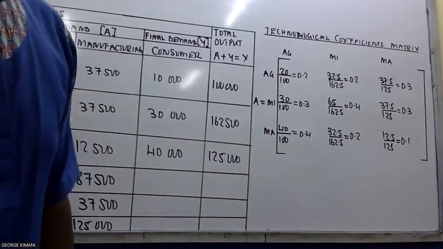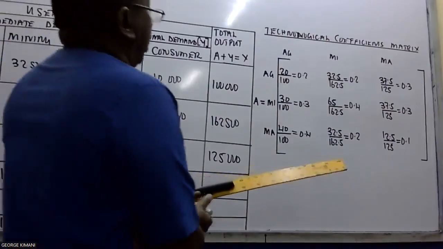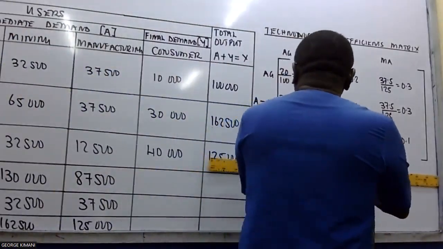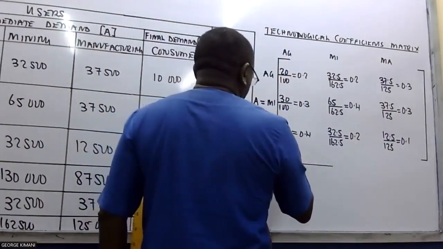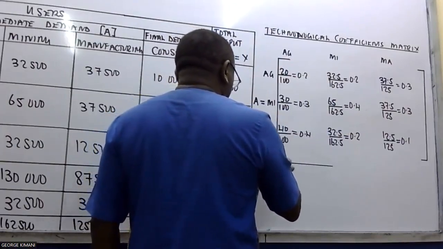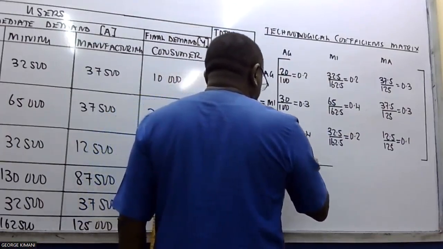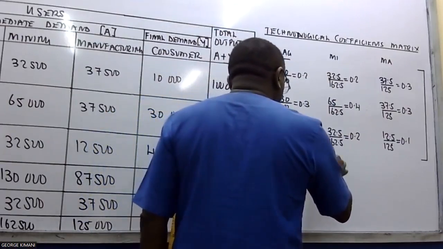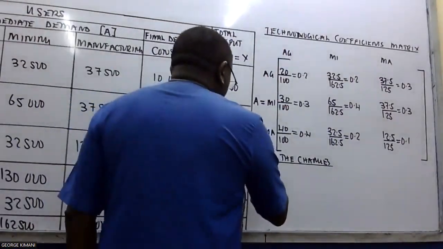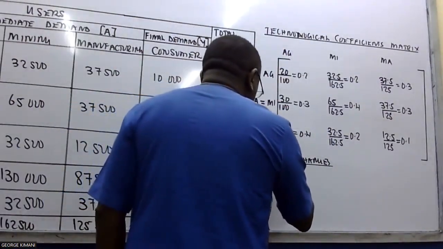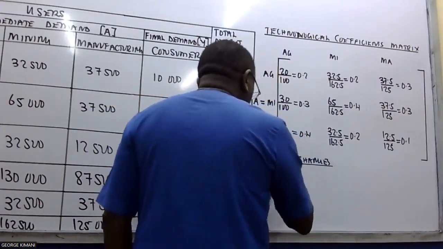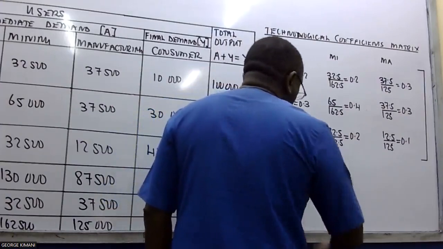Okay. After the changes, if you are looking for x, it will be given as I minus A inverse multiplied by y.